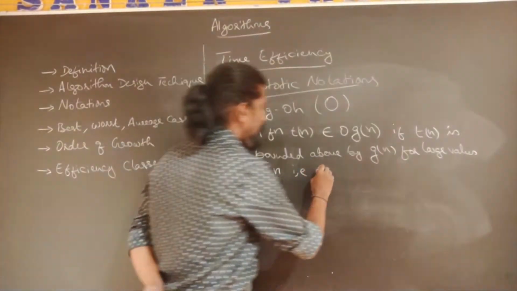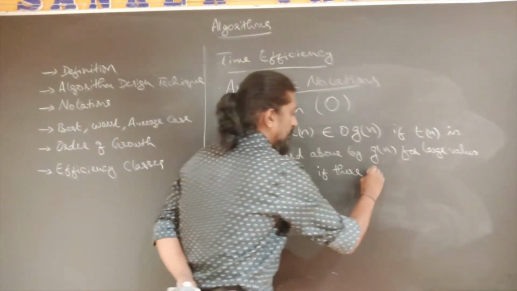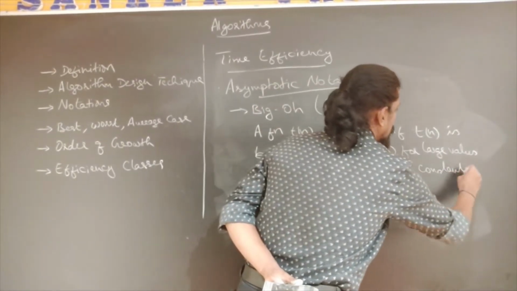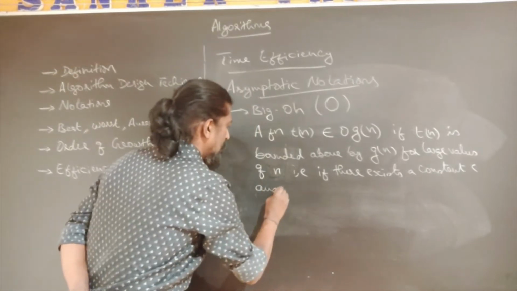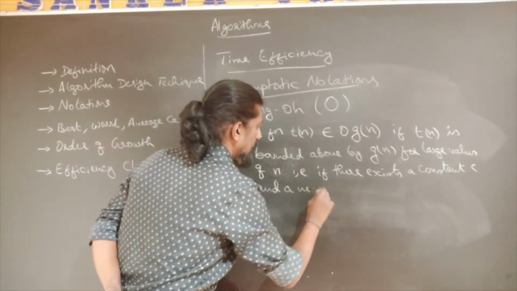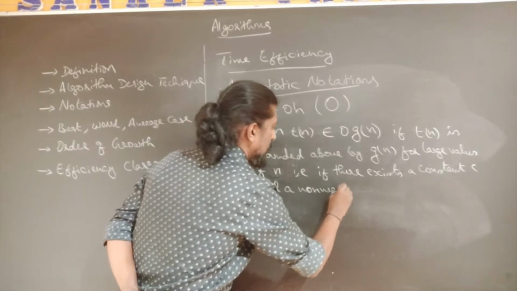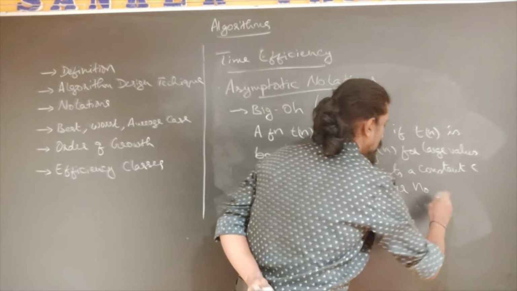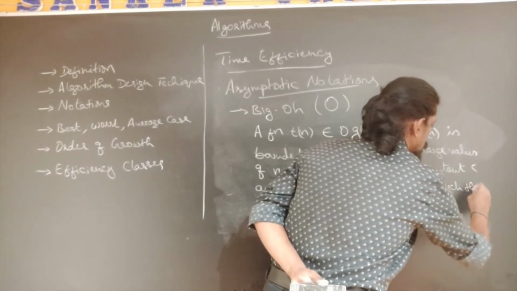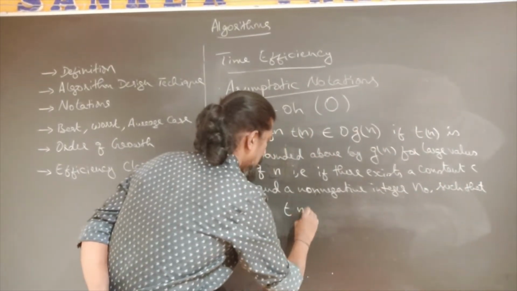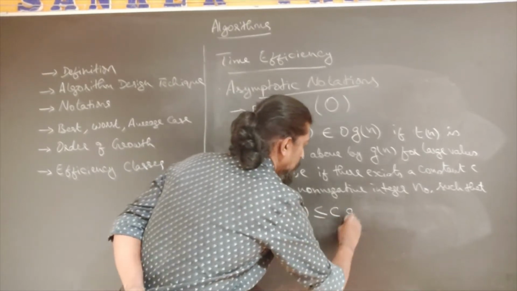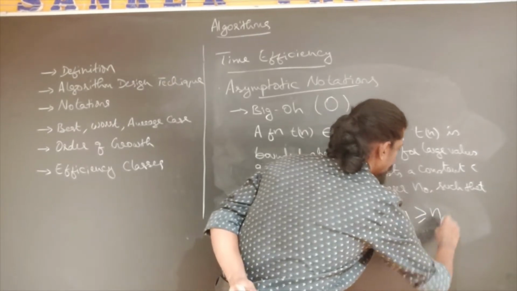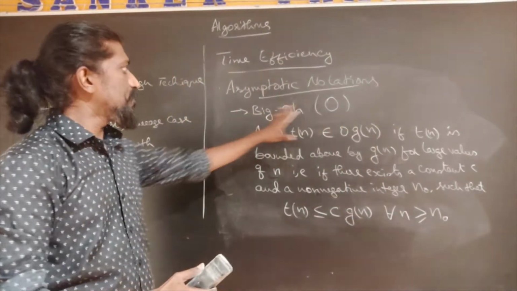That is, if there exists a constant c and a non-negative integer n0 such that t of n is less than or equal to c into g of n for all n greater than or equal to n0. This is the definition of big O notation.